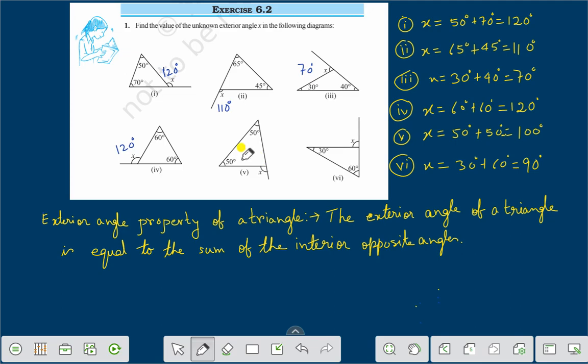And here also x is the exterior angle and these are the interior opposite angles, that is 50 plus 50 is 100. Therefore, the value of x is 100 degree. And here also x is the exterior angle and 30 degree and 60 degree are the interior opposite angles. Therefore, x will be equal to the sum of these interior opposite angles, that is 30 plus 60 is 90 degree.